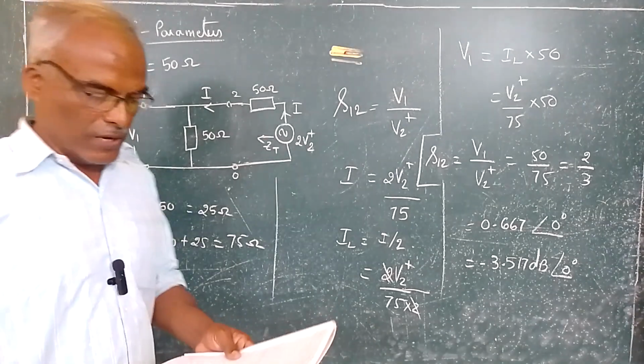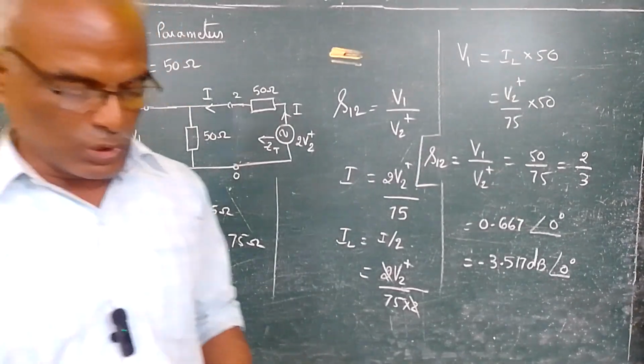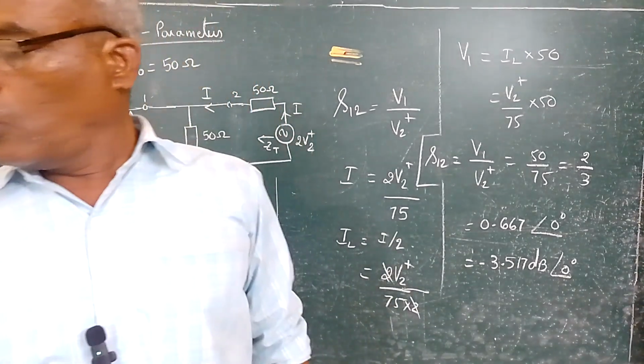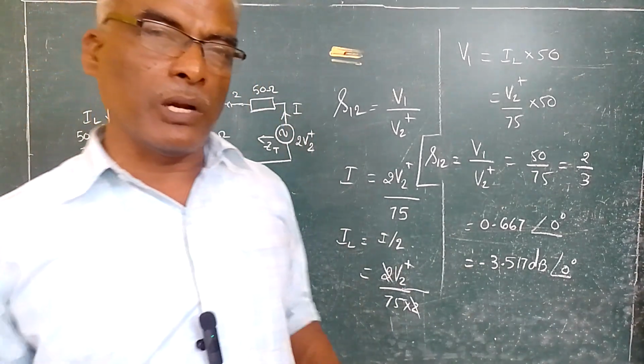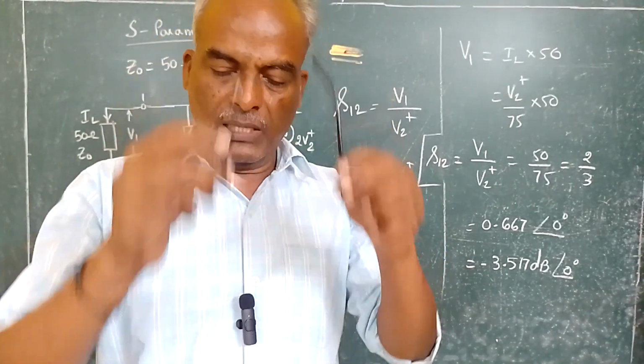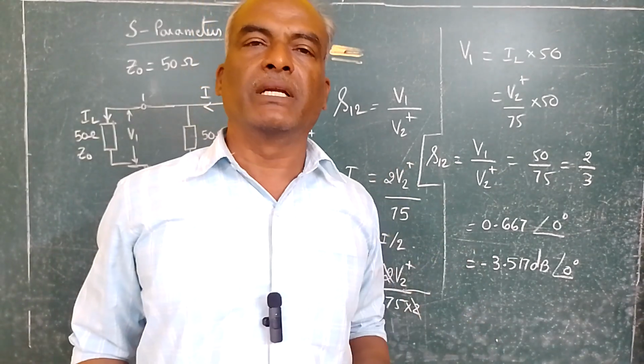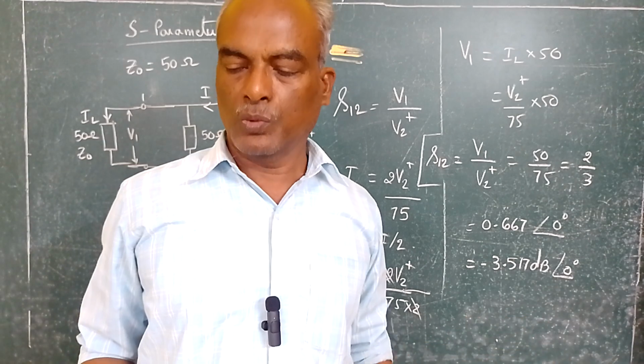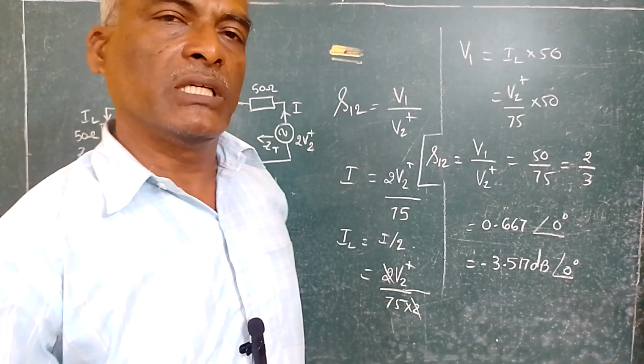So now we have found out S11, S22, S21 and S12. Hope you have understood this problem. It's a simple problem only to get the S parameters S11, S12, S21 and S22. Thanks for watching this video.